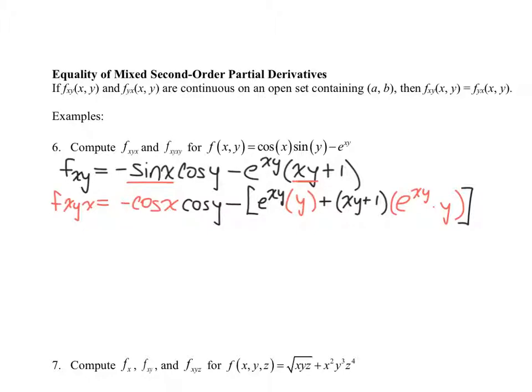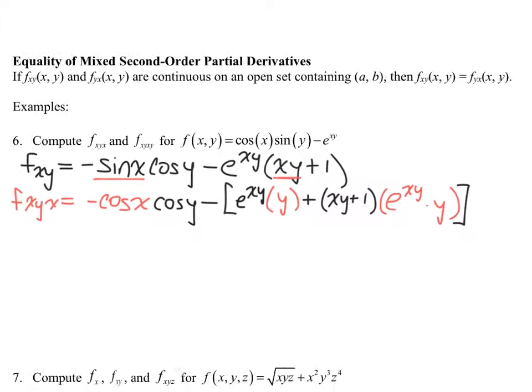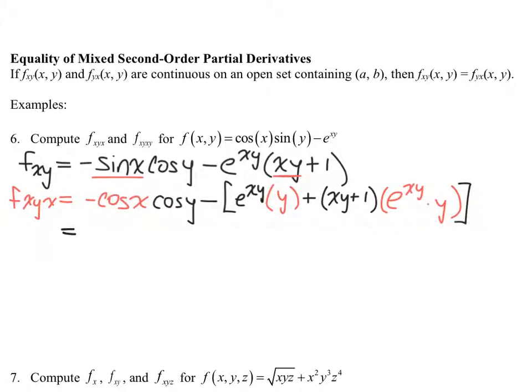So I'm going to clean that up a little bit first and write it as, so I'll still have my negative cosine x cosine y minus y e to the xy. I'm going to keep the brackets for posterity, I guess.